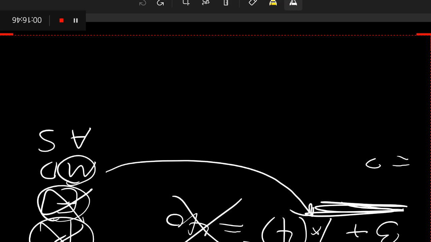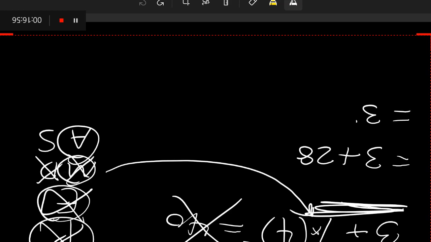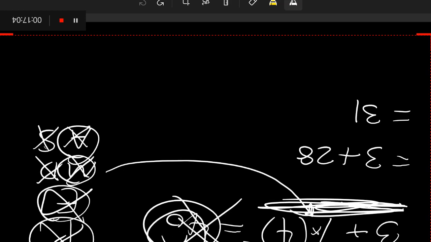So this actually simplifies to 3 plus 28. We don't see any more multiplication, no more division, just addition. That simplifies to 31. So instead of simplifying to 40, which is incorrect, this is actually 31.